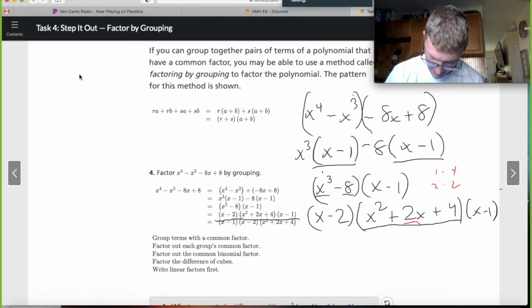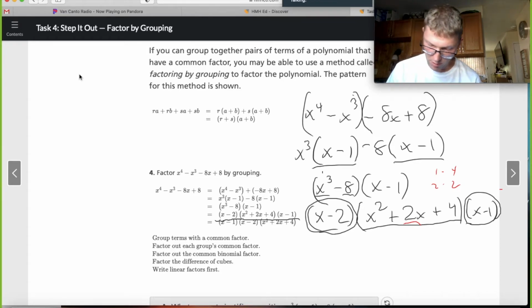In standard notation, you pull all of these guys to the front. It doesn't necessarily matter what order you go in. So we have x minus 1, x minus 2, x squared plus 2x plus 4. We were able to factor 2 factors out of that, first by grouping and then by using one of our patterns.